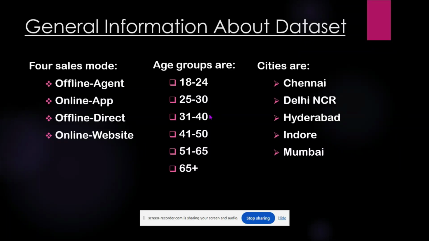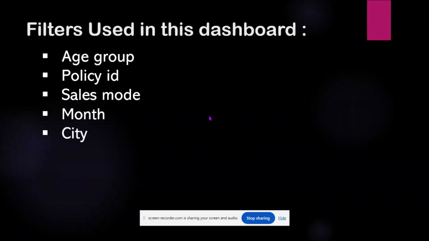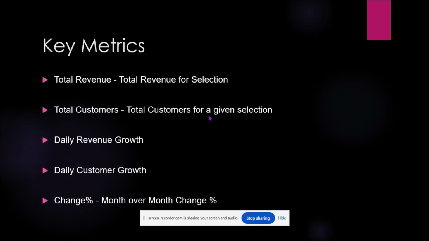The cities are Chennai, Delhi NCR, Hyderabad, Indore, and Mumbai. Five filters are used in this dashboard: age group, policy ID, sales mode, month, and city. Key metrics are total revenue, total customer, daily revenue growth, daily customer growth, and changes percentage.